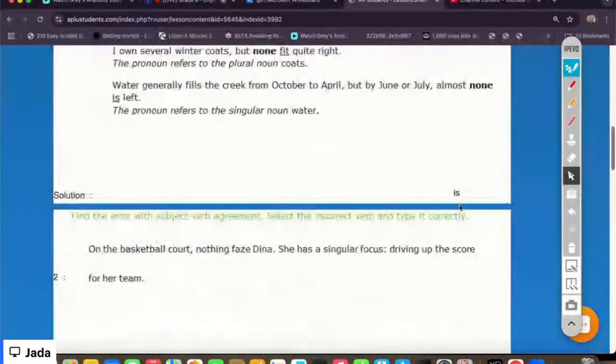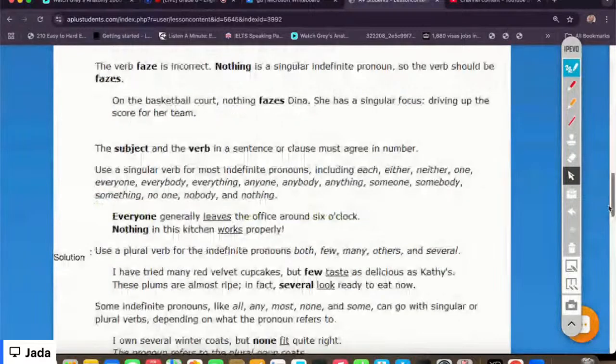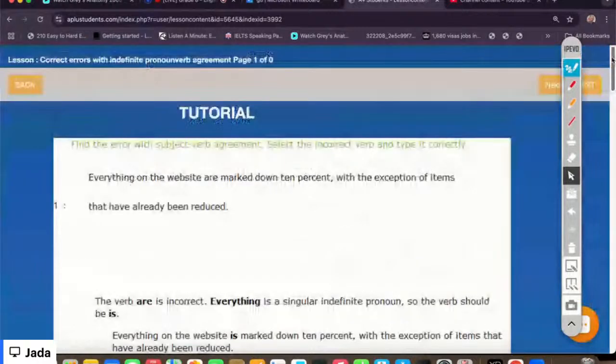So is, alright. Then, on the basketball court, nothing faces Dina. She has a singular focus, driving up the score for her team. So faces. Alright, so we'll move on to the test.